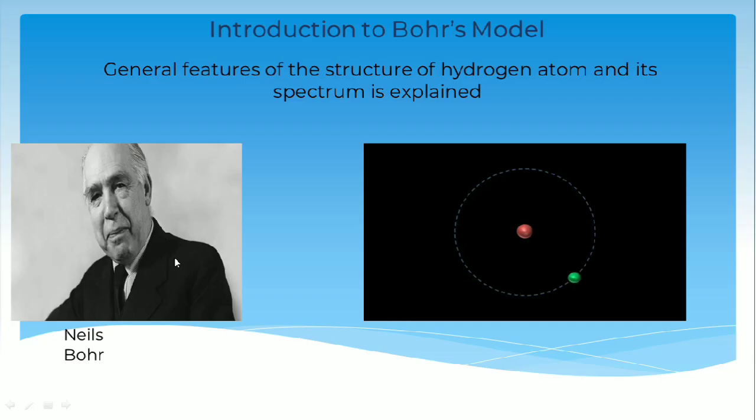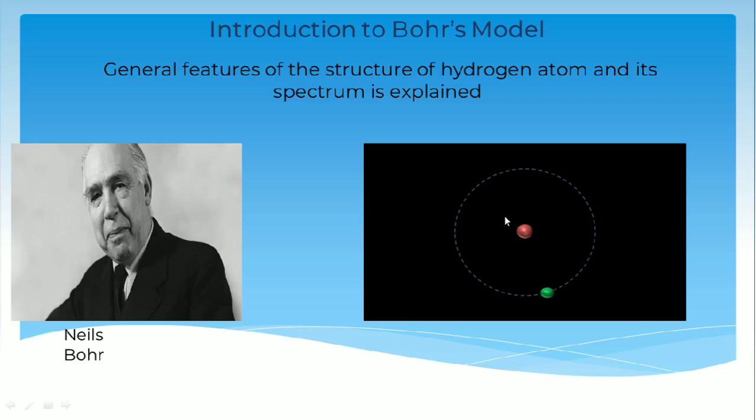So Bohr solved this problem by proposing that electrons move around the nucleus in fixed circular paths called orbits or energy levels. In the hydrogen atom, there is one proton in the nucleus and one electron revolving around it.